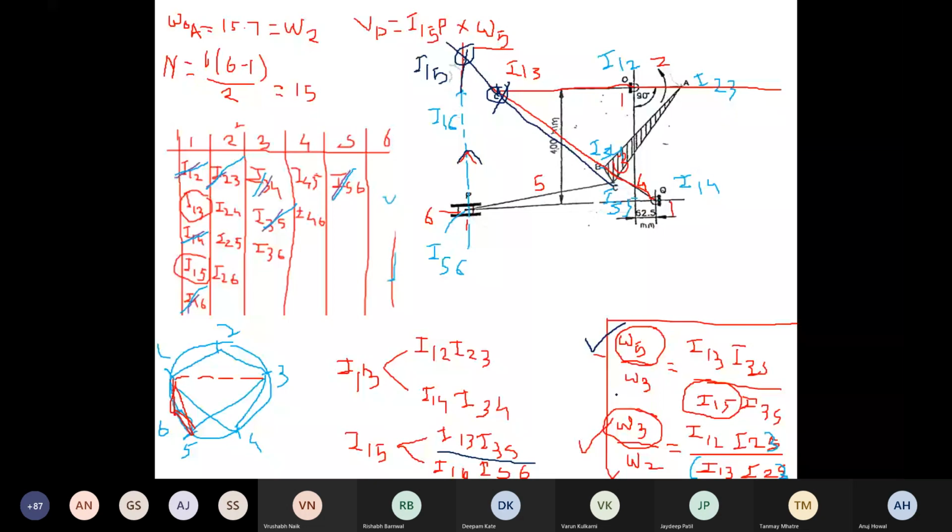Put the value of omega 5 in the formula of velocity of P. The radius is given here, the distance I15 P. I15 is here, P is here, this distance is the radius. In meters you have to write it down and find the velocity. Got it?